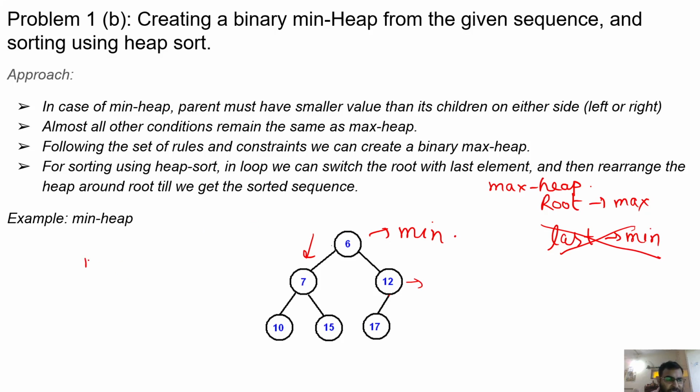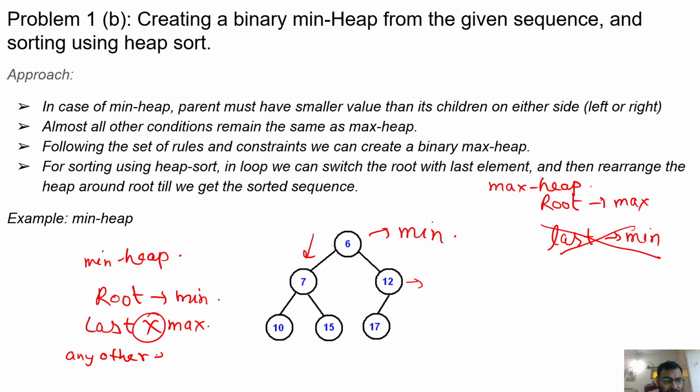In case of min heap, the root will be the minimum value, but the last element will not necessarily be the maximum value. Any other element than our root node can have the maximum value.